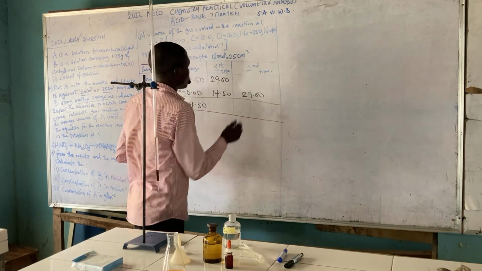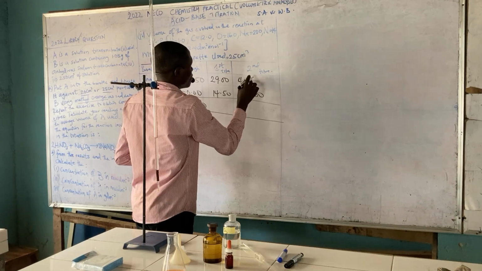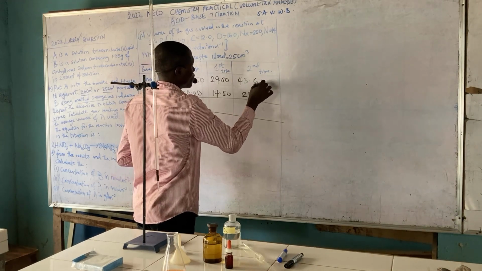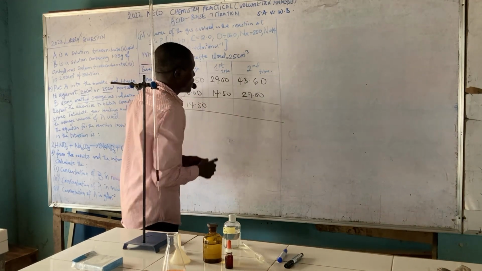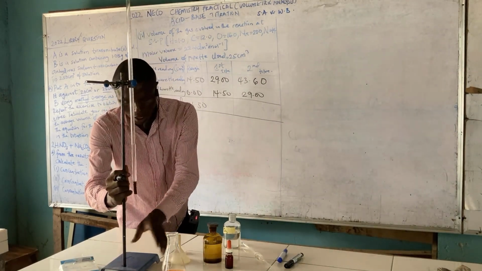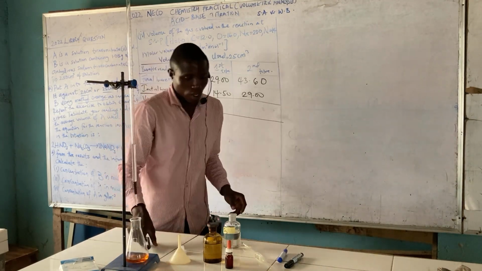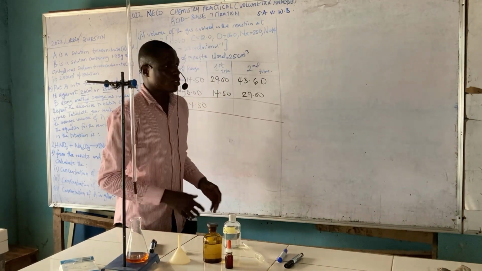Here we have 44, 43 point what? 43.60. Now let's take our calculator and do some calculation.